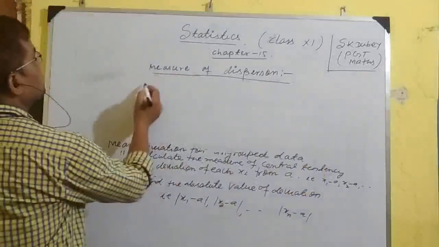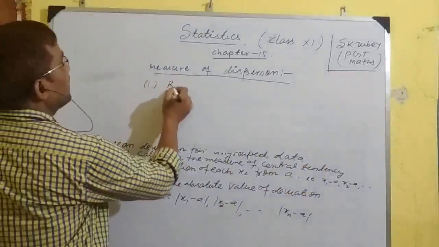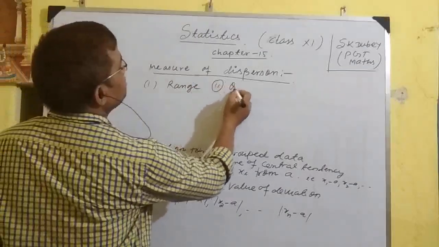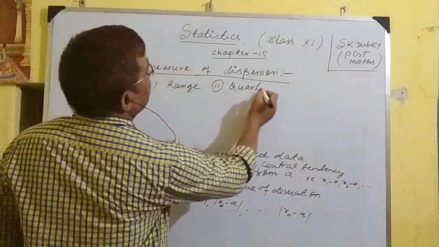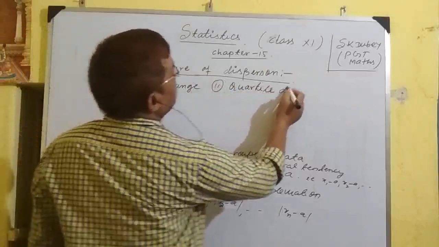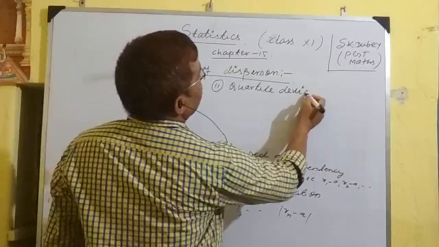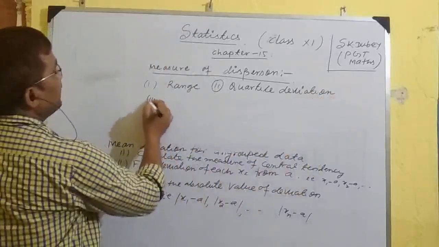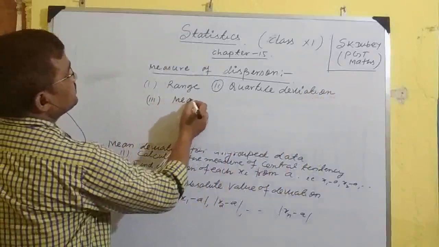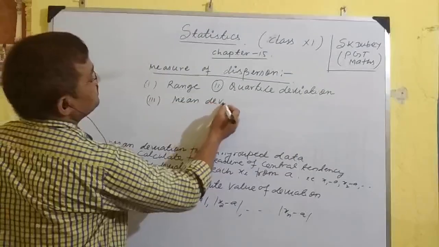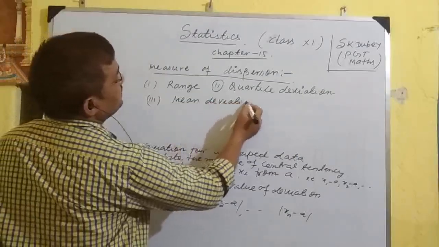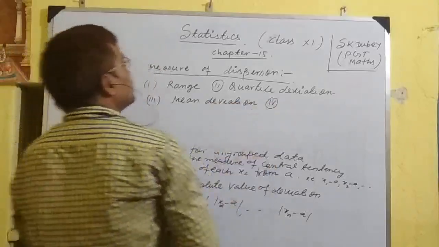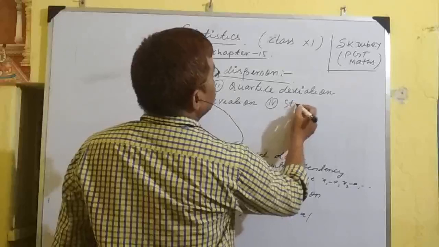Measure of dispersion is mainly of four types, that is range, quartile deviation, third one is mean deviation, and fourth, that is standard deviation.